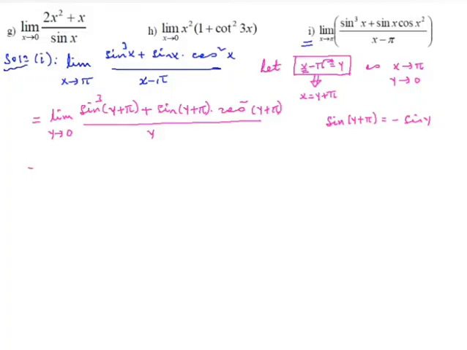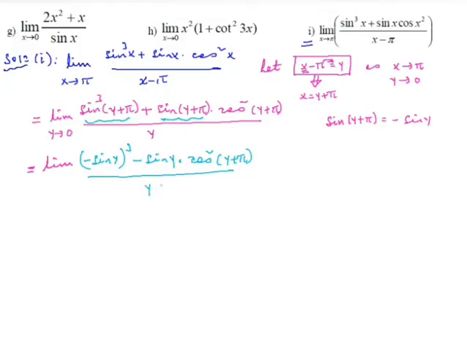Okay, this means the limit of, in place of sine of y plus pi, I can substitute minus sine y. There is a cube here, so minus sine cube y, minus sine y times cos square of y plus pi, over y. I don't want to change this by using trigonometric identities. It is not required for now.